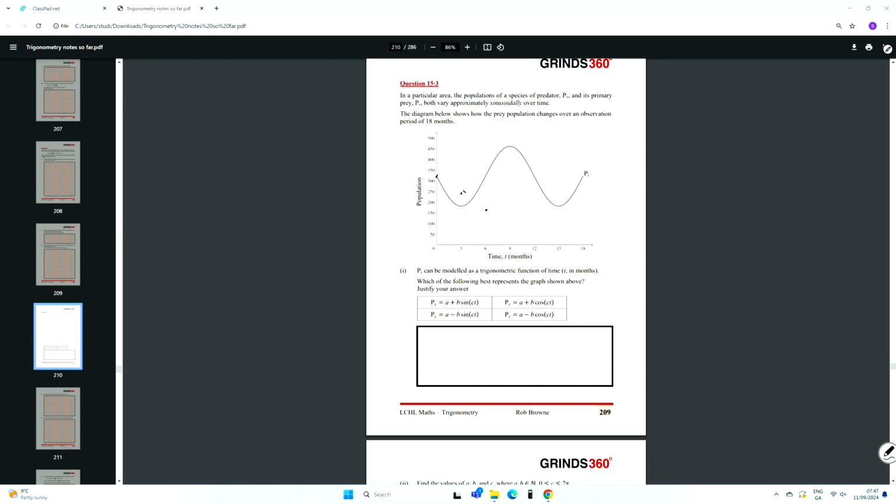At 9, we're back up to 240 again. Then at 12, we're back up to 320. At 15, we're back at 240. And then finally at 18, we're back at 160, down here. And I can just join those together to form a very rough curve.